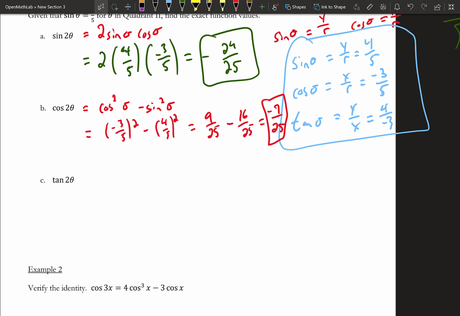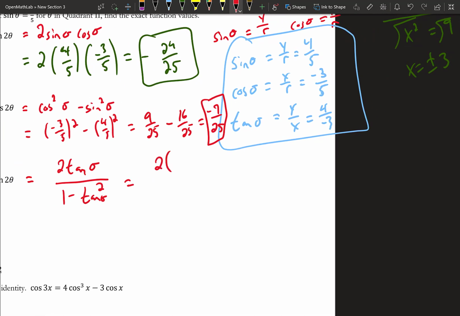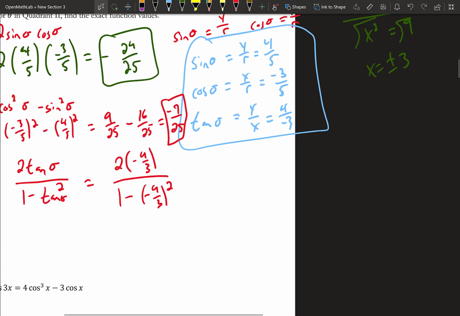And then tangent of 2 theta is equal to 2 tan theta all over 1 minus tan theta squared. So we can just plug in our values for tangent. So this would be 2 times negative 4/3 divided by 1 minus negative 4/3 squared. So this is equal to negative 8/3 in the top. Right, just multiply fractions. And then this would be 1 minus 16/9.